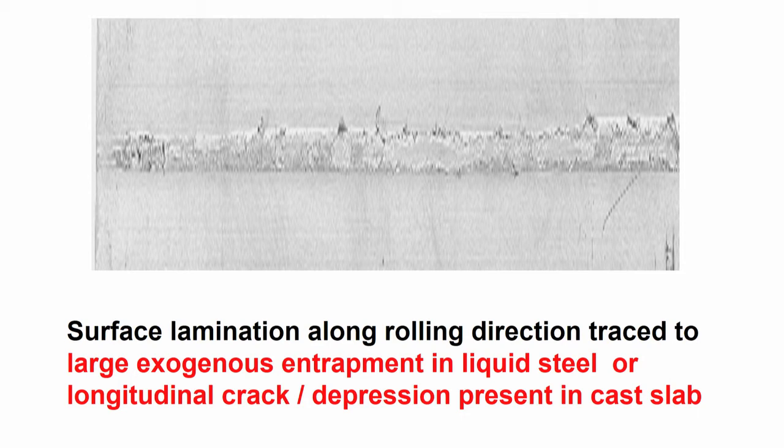So, again, metallurgical investigation has revealed how a surface lamination type of defect can be generated, either from large exogenous entrapment in liquid steel. As I mentioned, exogenous entrapment can come from many sources, from refractory erosion, from reoxidation, from slag entrainment or entrapment.